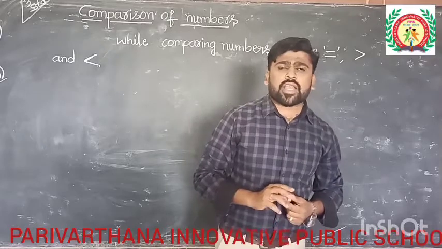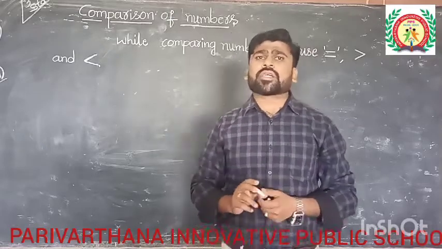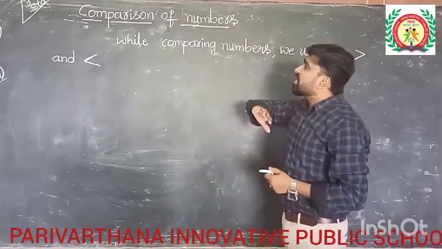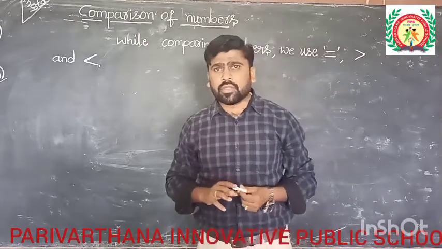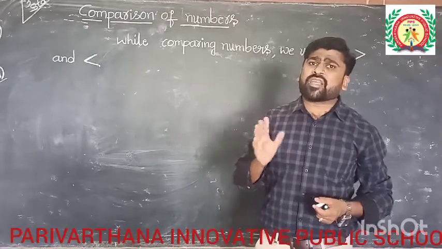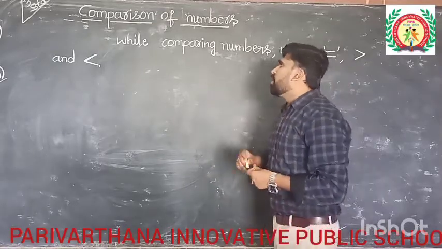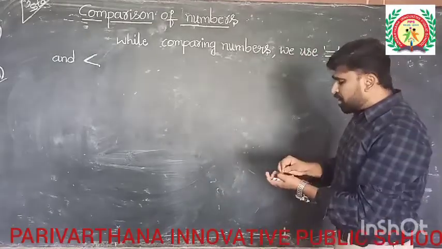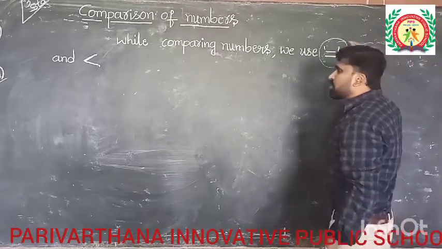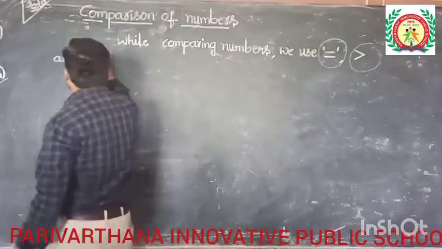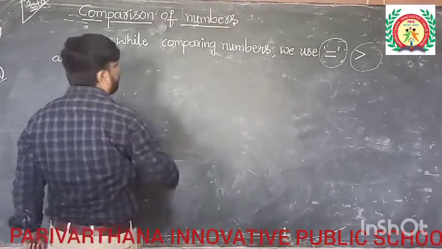Okay. Today in this class we are going to discuss comparison of numbers, comparing one number with another. Listen here. While comparing numbers, we use three symbols: equals to, greater than, and lesser than.